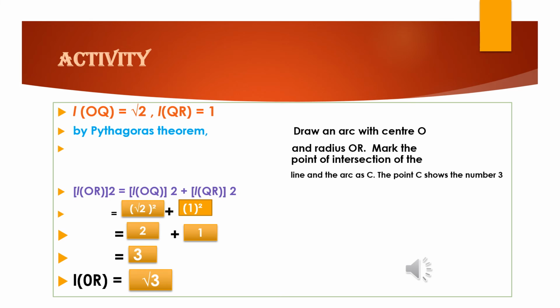So we'll write root 2 in place of OQ and 1 in place of QR. So we can see when we square root 2, it becomes 2, whereas 1 square is 1. So we are getting 2 plus 1 as 3. So taking square root, we will get length of OR equals to root 3.